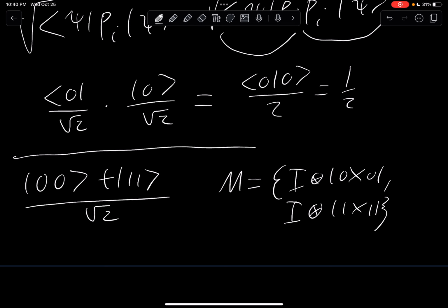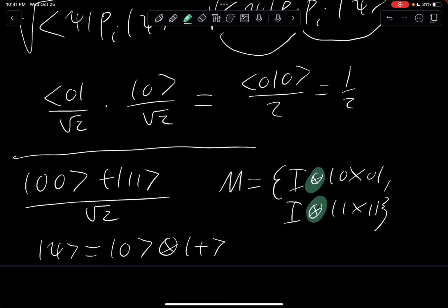So just to emphasize, this tensor product is the same tensor product we've seen before. However, previously we used it in the following context. We may have some state that is the tensor product of two individual qubits.